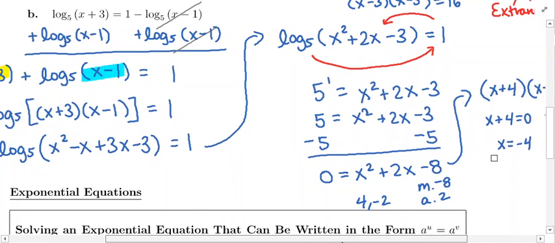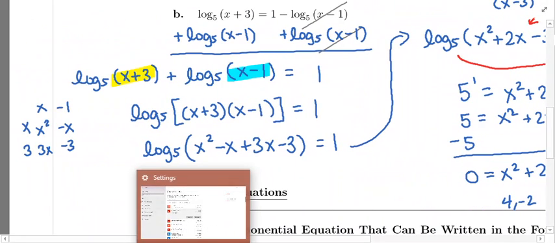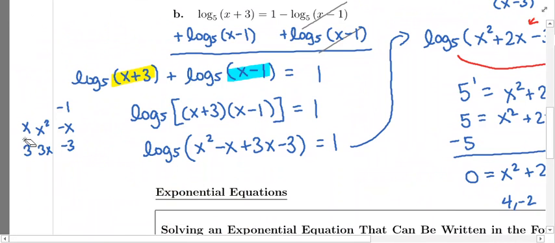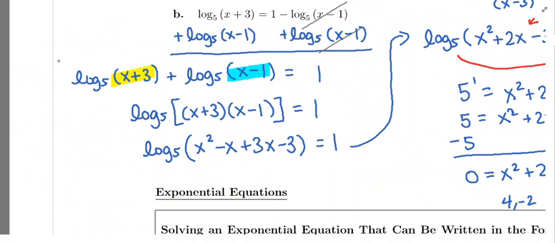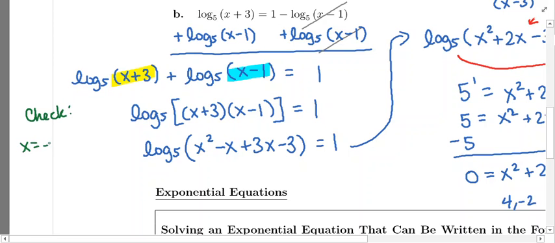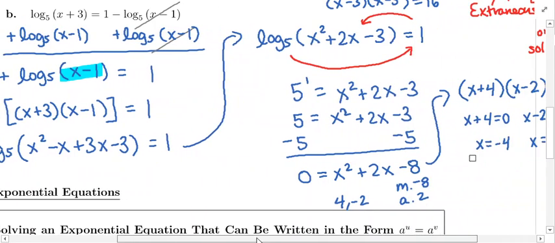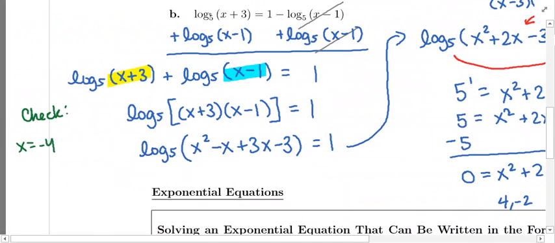Let's start with negative 4. Let me erase this. I'm going to do some checking. Plug negative 4 in for x into the original equation. It's got a couple of logarithms. If we plug this into the first logarithm, we're going to get log base 5 of negative 4 plus 3.